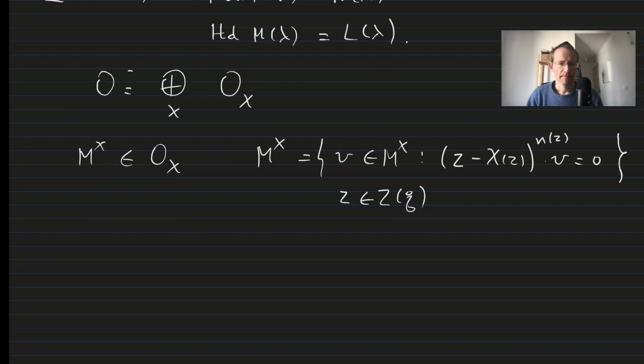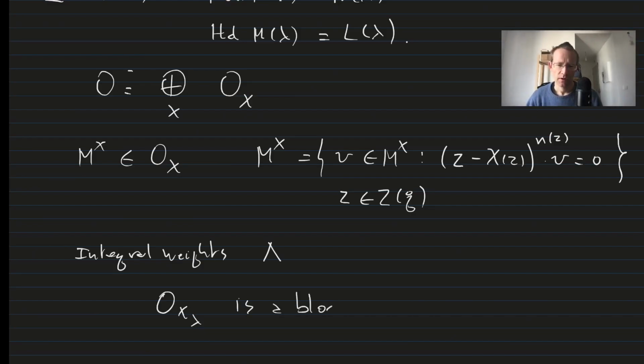So we can actually say more for integral weights, which were gathered in a set lambda. We have that O chi lambda is a block of O. Now, what is a block?